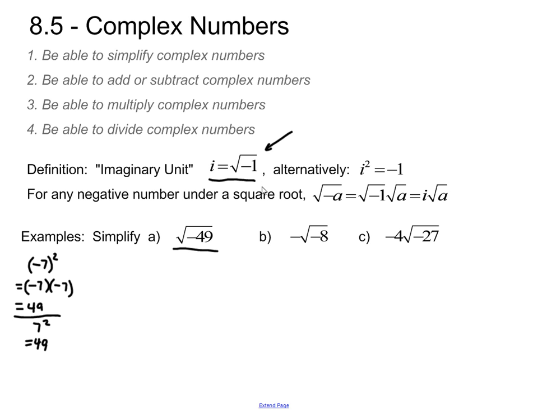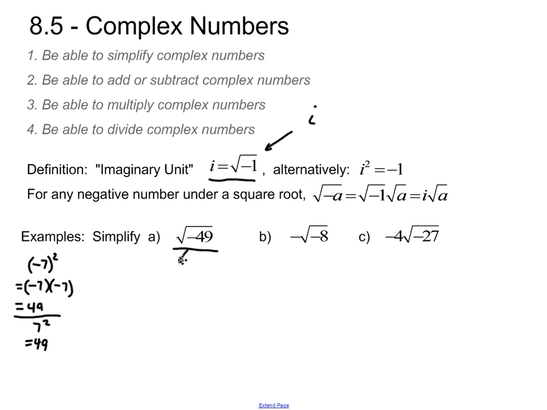So, when we say i equals the square root of negative 1, what we're really talking about is a number that is going to stand in for the square root of negative 1 so that we don't have to carry around a square root of negative 1 everywhere we do any calculations. Okay? So the number i, which is called the imaginary unit, is a stand-in for the square root of negative 1. That's it. So, if you keep that in mind, it makes the rest of this easier.